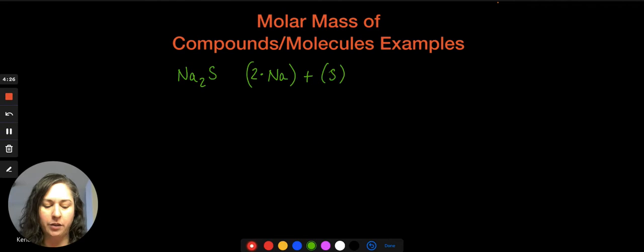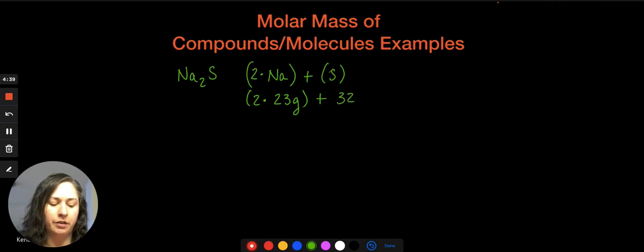So 2 times sodium, which on my table is 22.99, and I just round that to 23 grams, plus 32 grams. I usually just write grams when I'm doing this. When I added all of those up, I got 78 grams per mole. That is the molar mass for sodium sulfide.